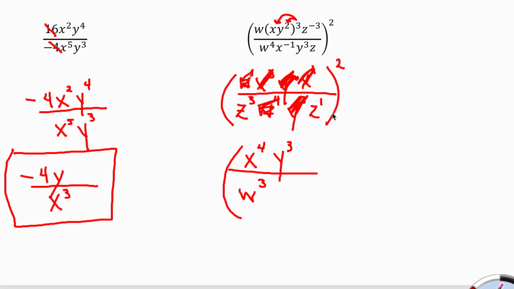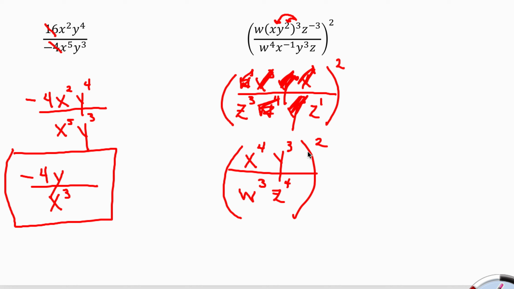Oh, now I've got Z's, but again, they're both in the denominator. So 3 Z's and 1 more Z all multiplied together means you're going to have 4 Z's. Now don't forget about these parentheses and that square I haven't dealt with yet. But inside the parentheses, there's nothing left to do.